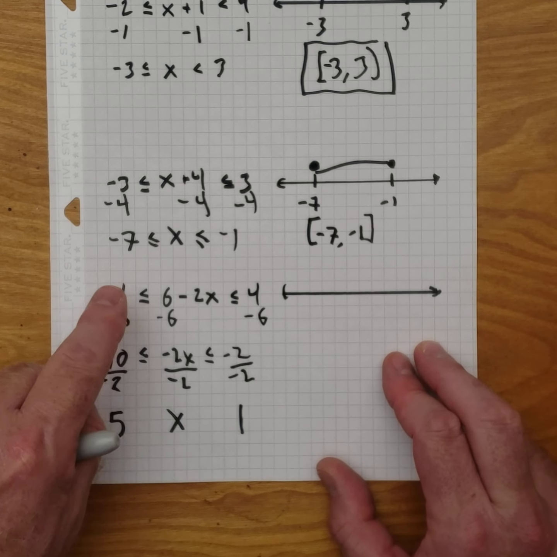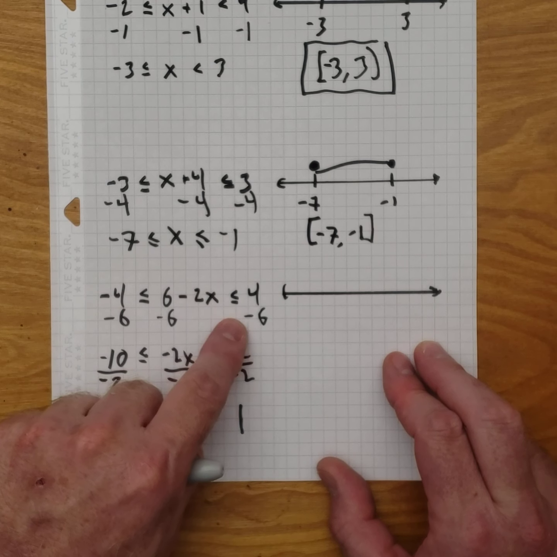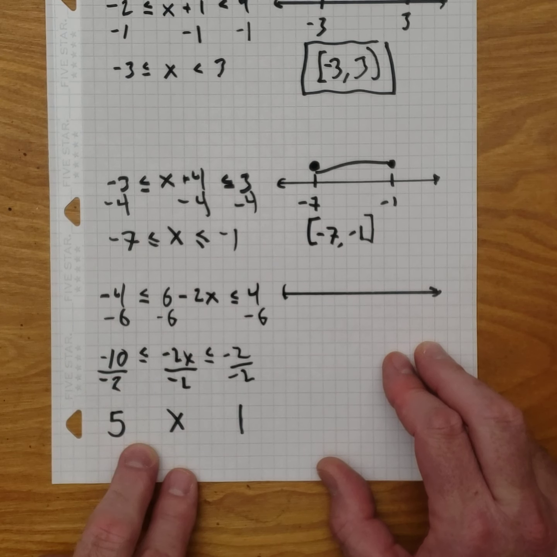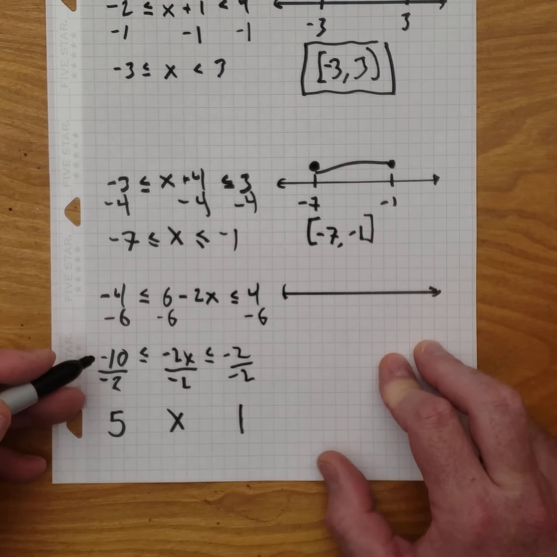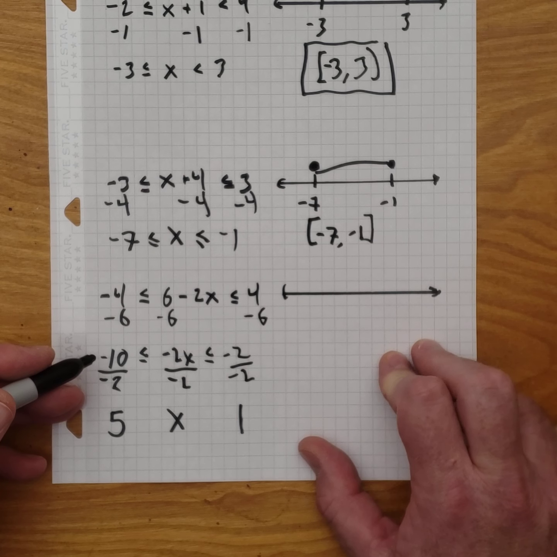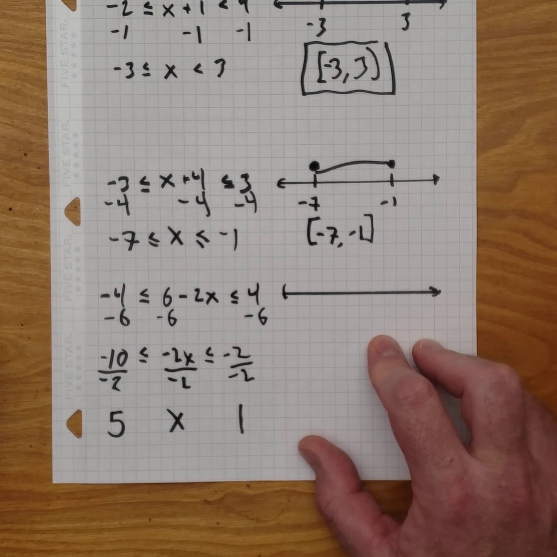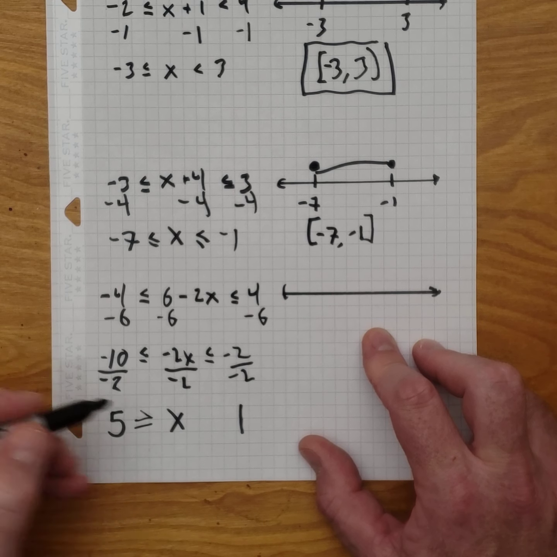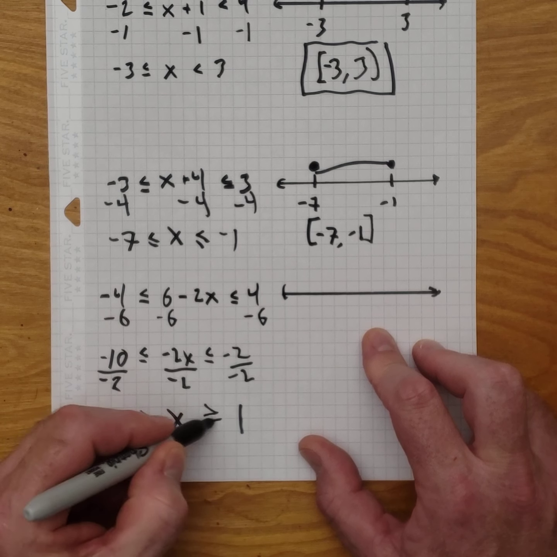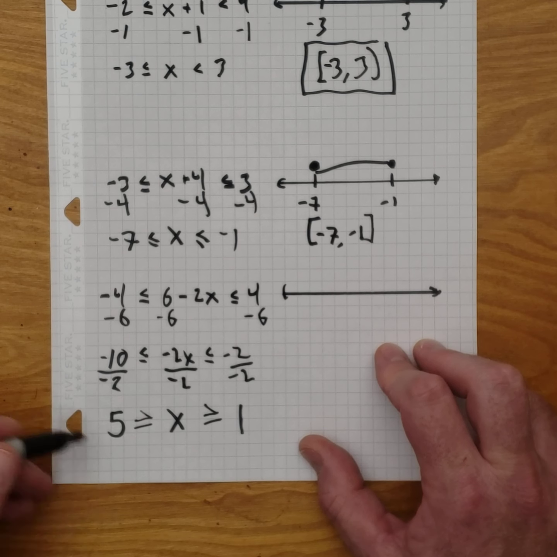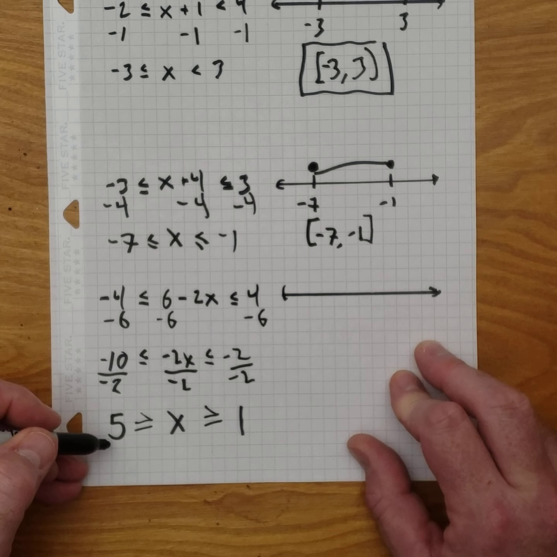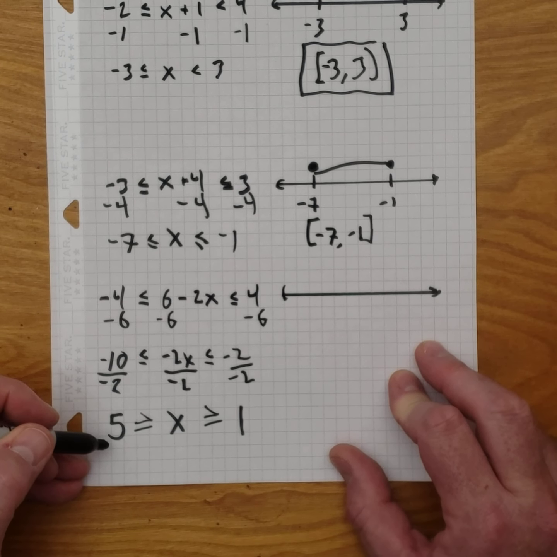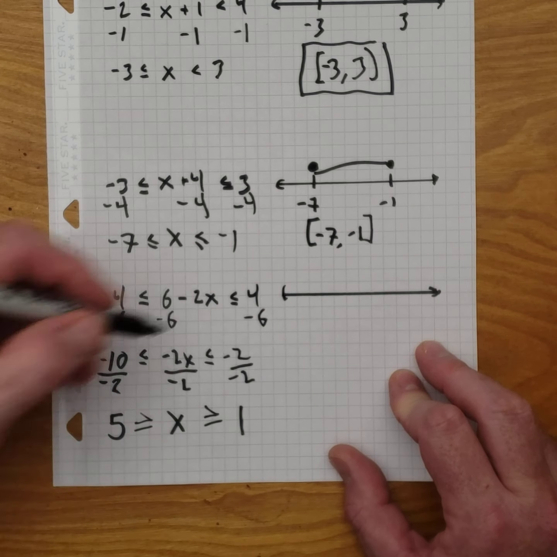We started out with a smaller number on the left and a bigger number on the right, but when we divided by a negative, that reversed itself, and that's always going to happen when you divide by a negative. Remember, when we divide by a negative, we need to switch our signs. So this one switches from less than or equal to greater than or equal to, and this one also. And we've got an accurate expression here, but it feels backwards.